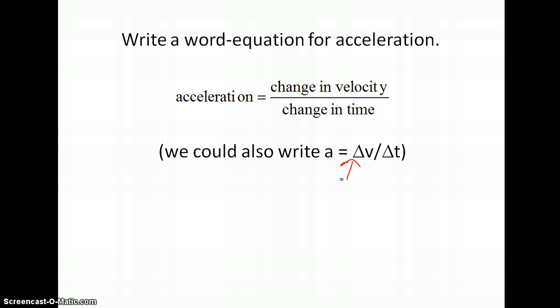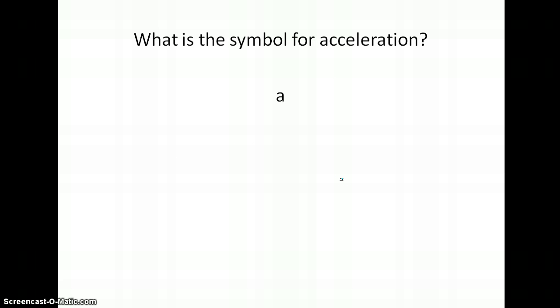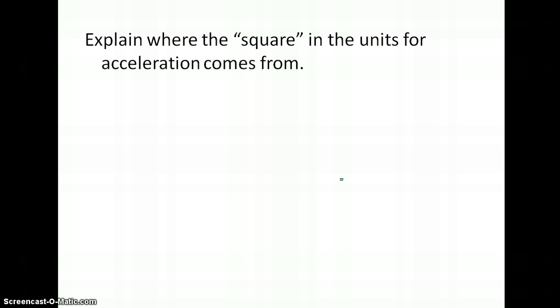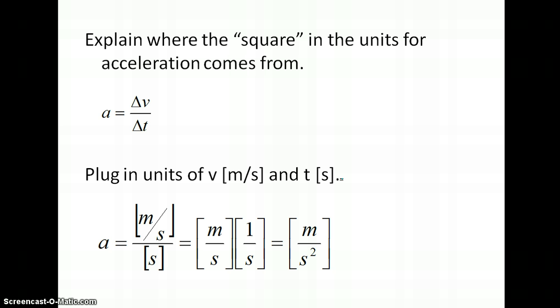Let's take a look at the symbol for acceleration, which is a. Hopefully you know that. And what units do we use? Well, we use meters per second squared. So where does that square come from in the units? Since acceleration is change in velocity over change in time, we're going to plug in the units for velocity into the change in velocity, and the units for time will come in down here.